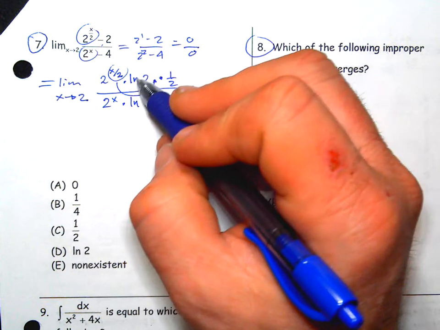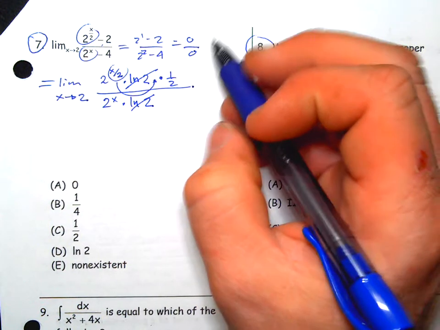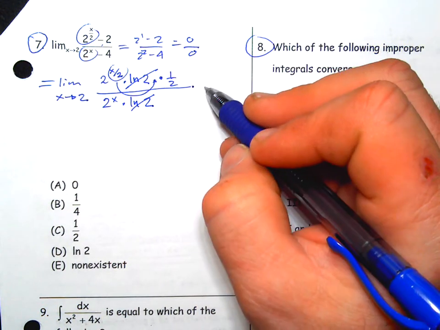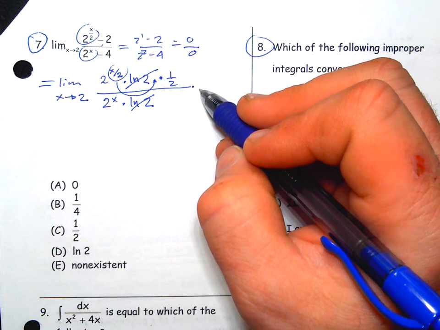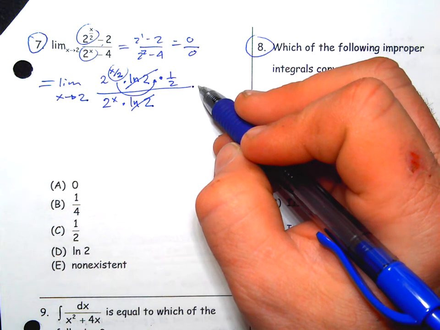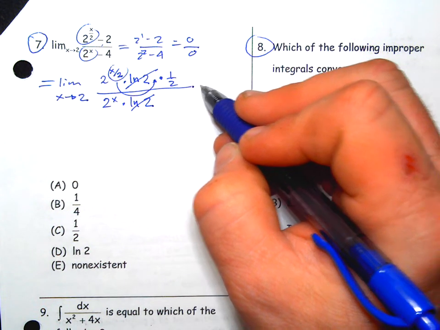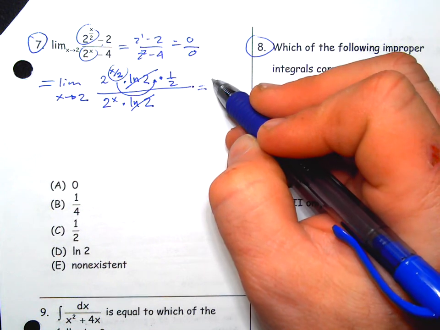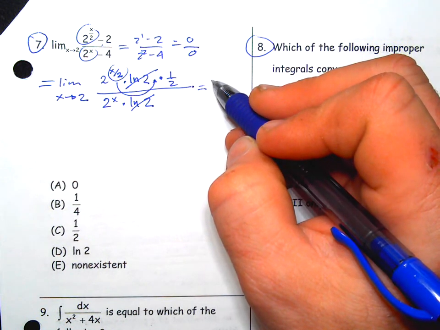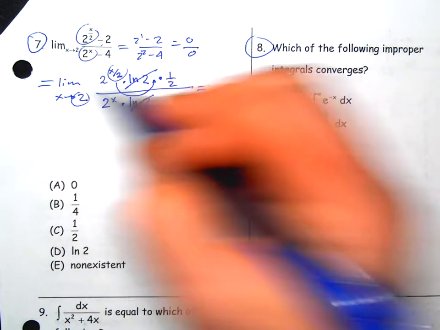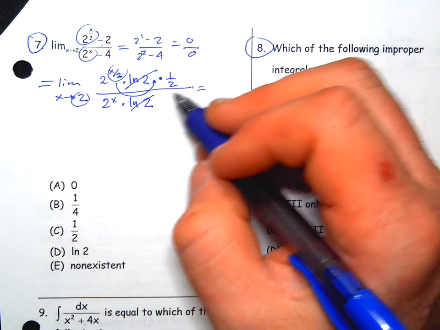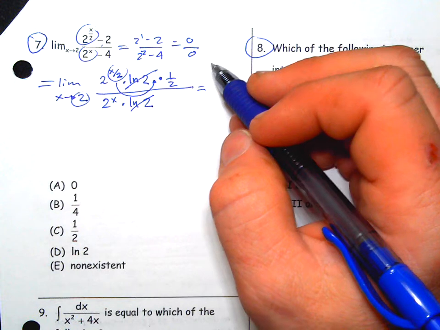The natural log of 2's go away. And rules of exponents. Let's see, can we use rules of exponents here? Oh, no, we're going to plug 2 in. Let's just go and plug 2 in. I don't think I want to use rules of exponents. I could. I mean, sure.